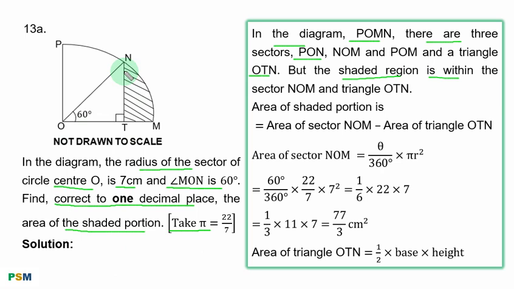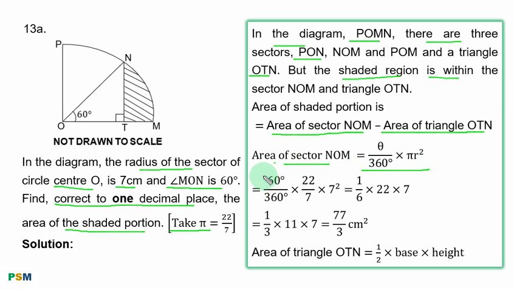This analysis is to help you avoid confusion. Therefore, area of shaded portion is equal to area of sector NOM minus area of triangle OTN. Area of sector is given by this formula.